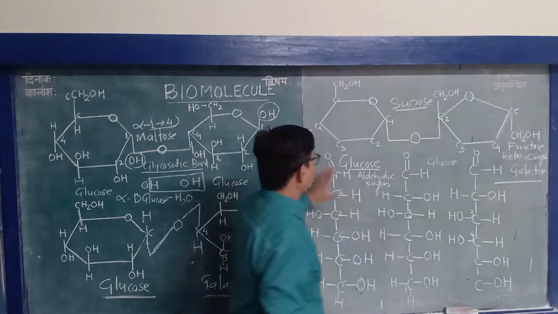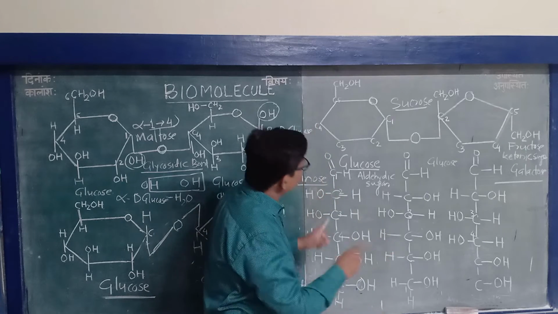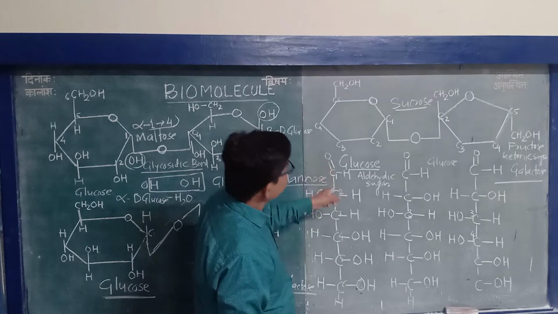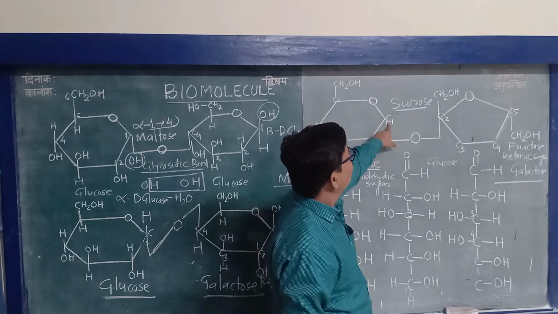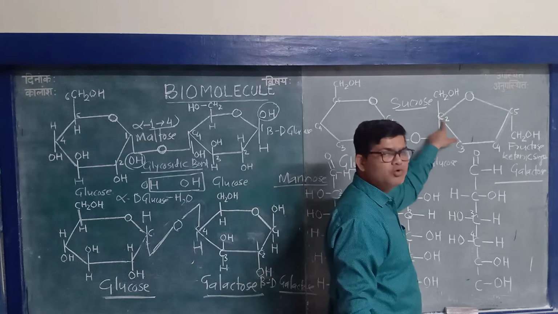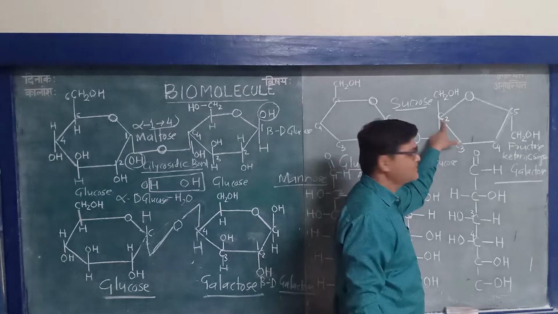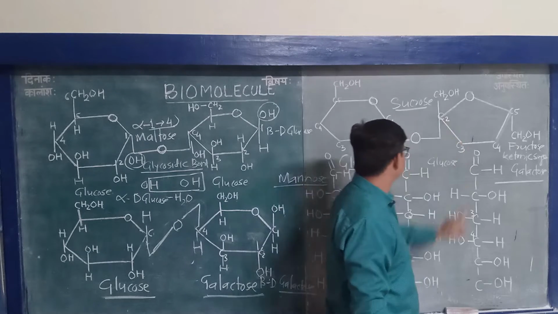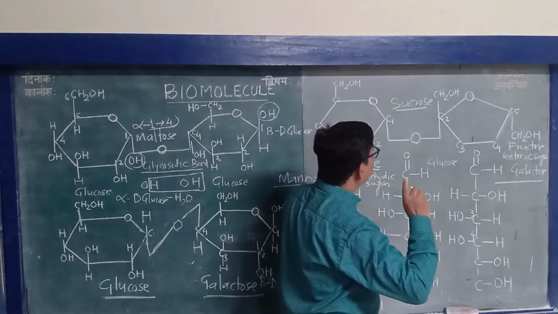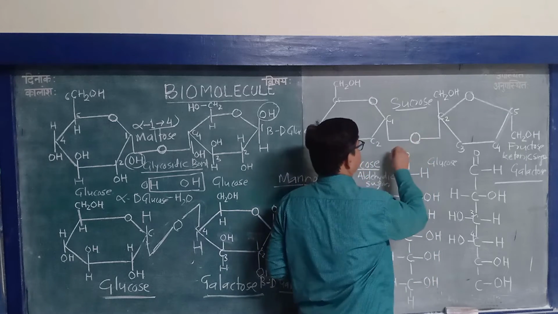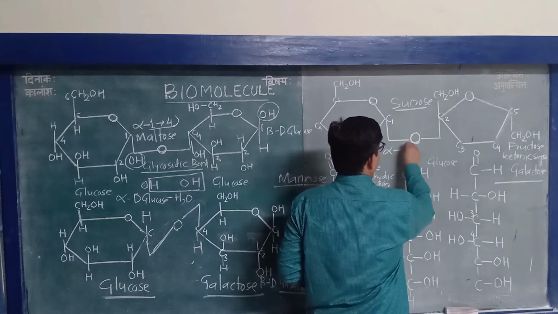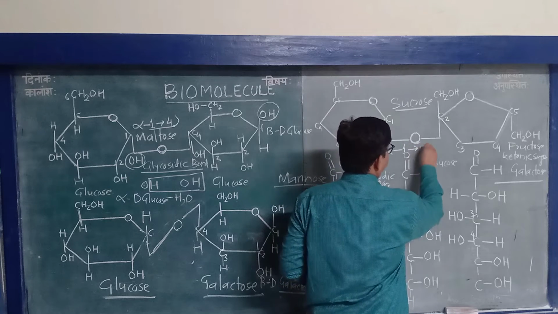So there is a chemical bond formed between the carbon number 1 hydroxy group and the carbon number 2 hydroxy group. Why? Because this is a ketonic sugar. So you have to make a glycosidic bond between alpha 1 and 2.